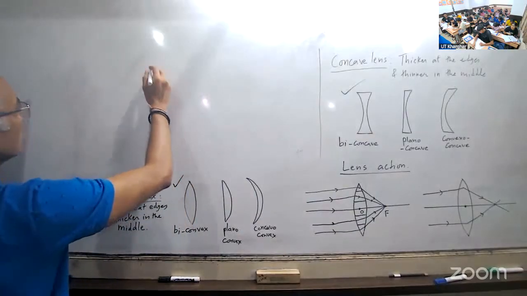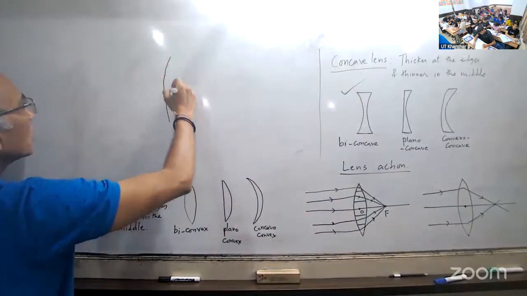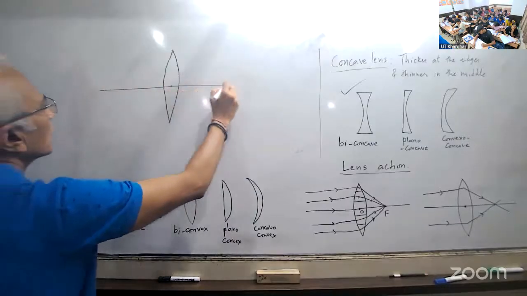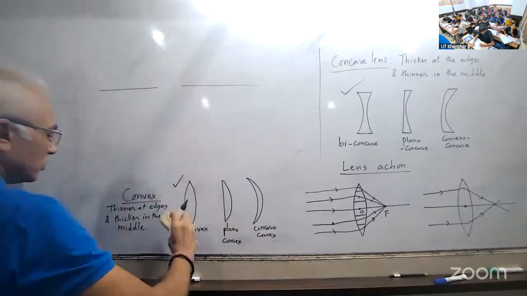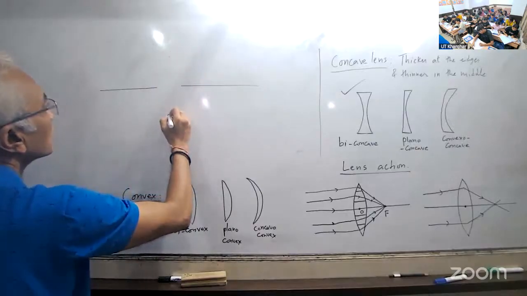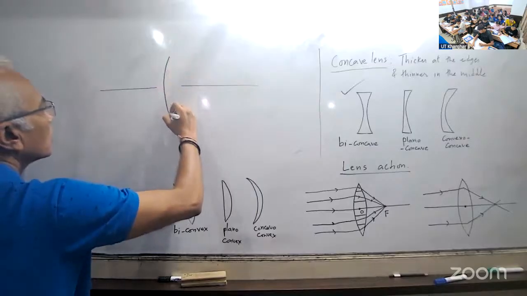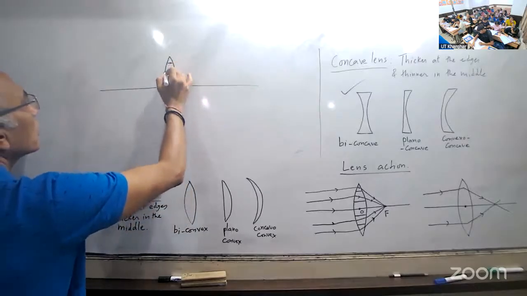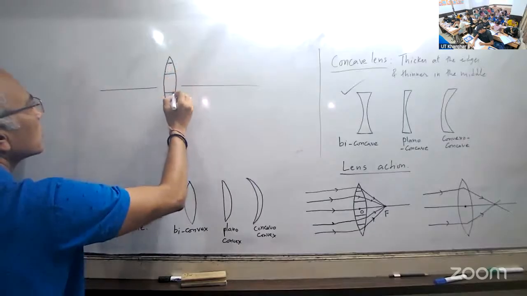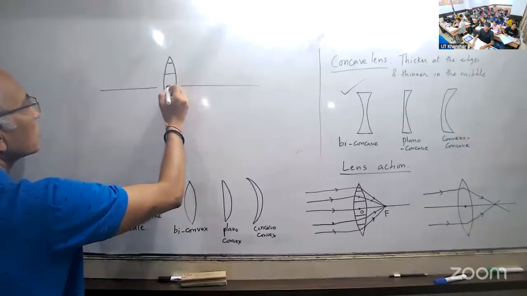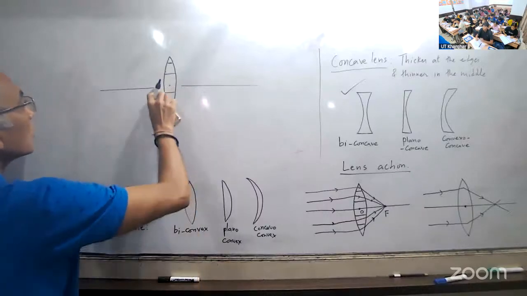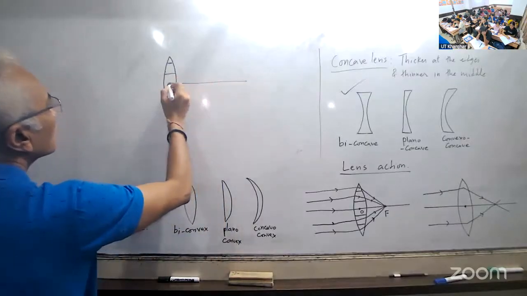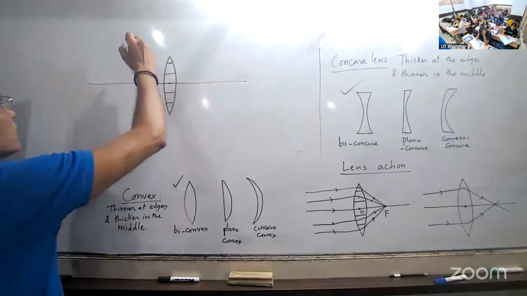So again if we draw it in multiple parts, the middle part is like a rectangular glass slab. Okay. What if the rays are coming like this?